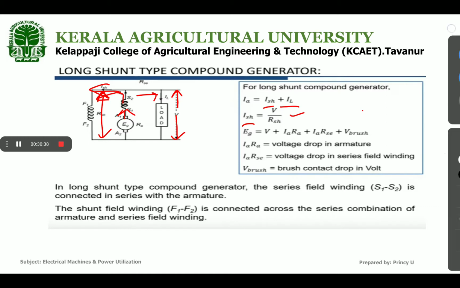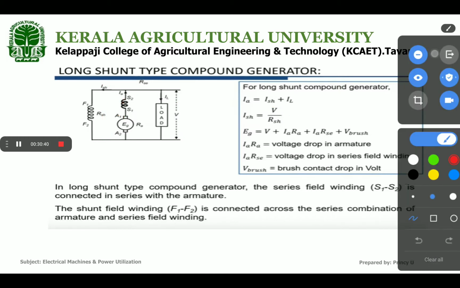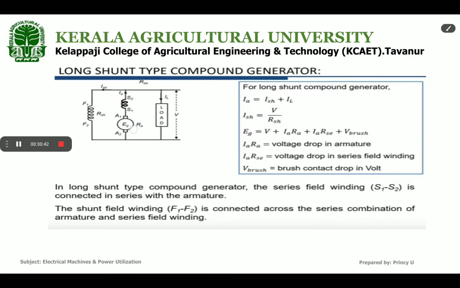And the generated EMF EG on this armature is calculated from the output terminal voltage V plus drop in armature plus drop in series field winding. So V plus IARA plus IAR series, and also we have to consider brush contact drop. Okay, so you will get EG.